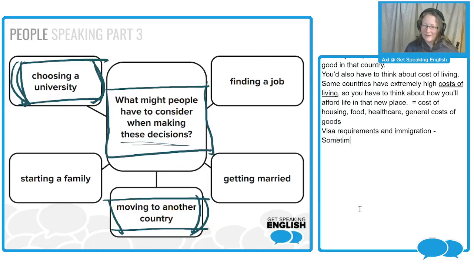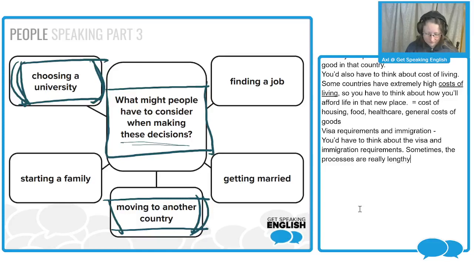So yeah, you'd have to think about the visa and immigration requirements. Sometimes the processes are really lengthy. There's a lot of paperwork to do, and you have to meet certain criteria.